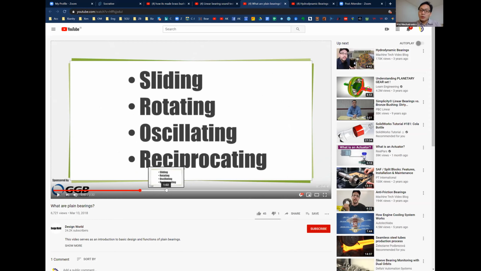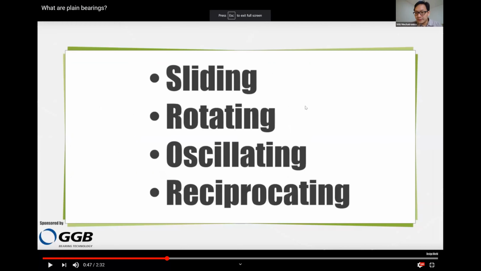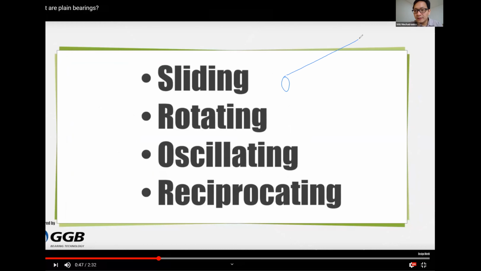Now, there are several motions being mentioned here. Sliding. If you think of a shaft, you can have a plain bearing on the outside like this, right?